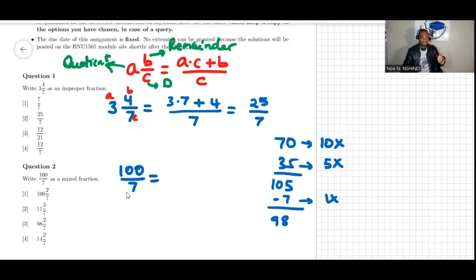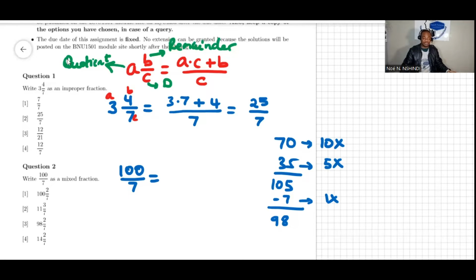Or you can just count in 7: up to 70 is 10 times, 77 is 11 times, 84 is 12 times, 91 is 13 times, 98 is 14 times. So we can stop there. It's 14 times.